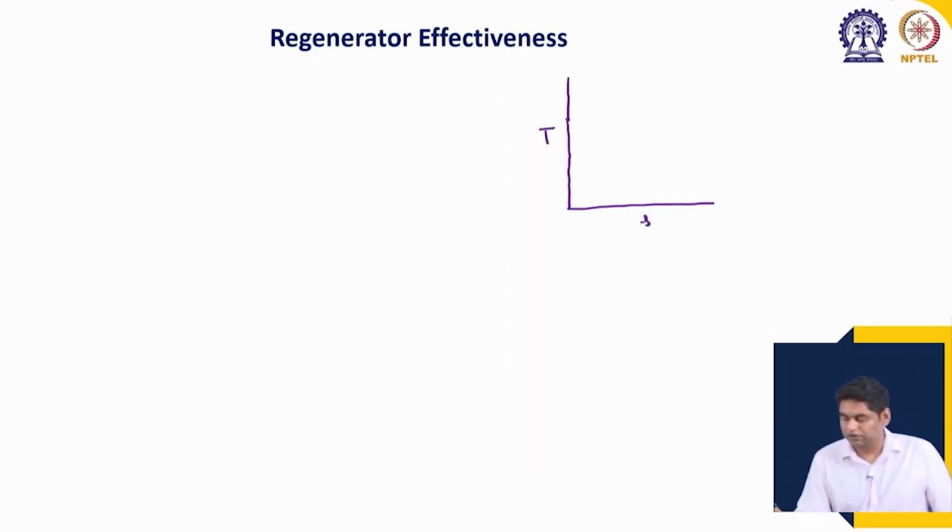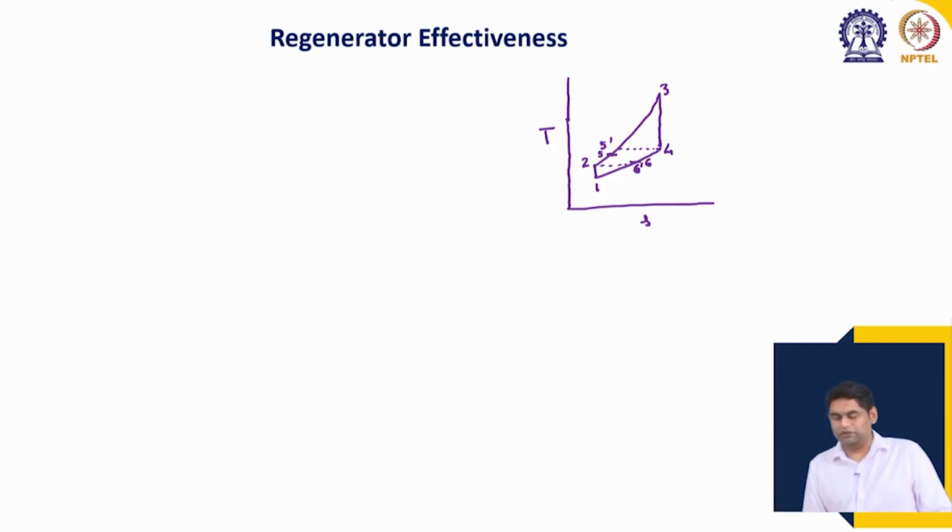I am drawing with this color now. We will draw a quick diagram just for reference, going from 1 to 2, 3, 4. Let us say that this is 5 dash, this is 6 dash, the ideal cases, and in the real case this is 5 and this is 6. 6 is higher than 6 dash and 5 is lower than 5 dash.